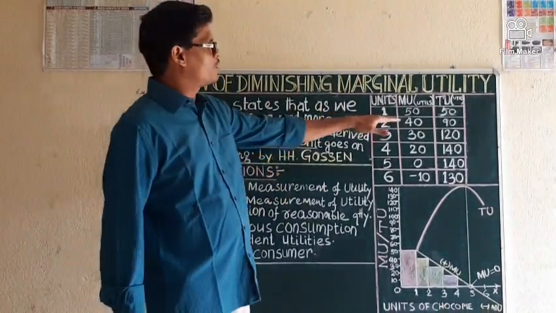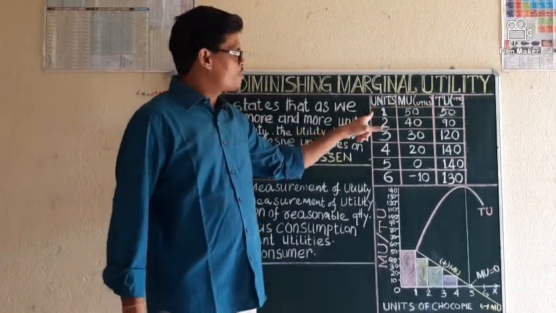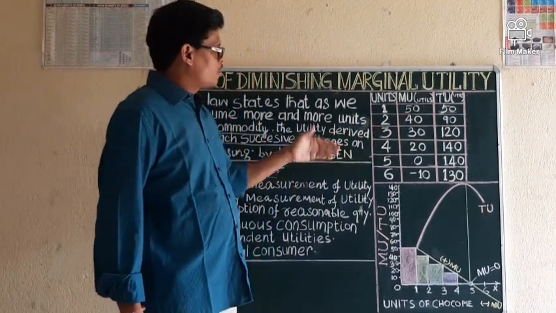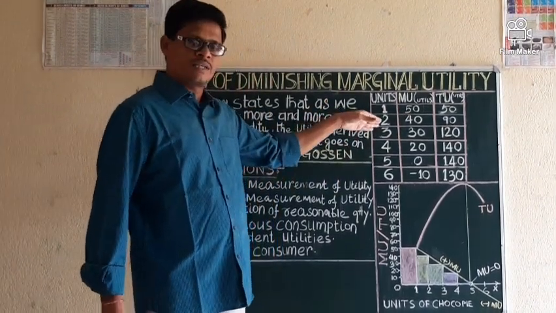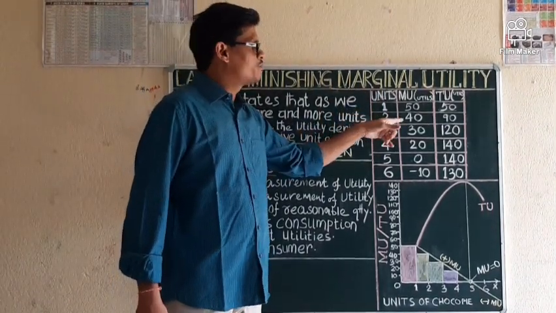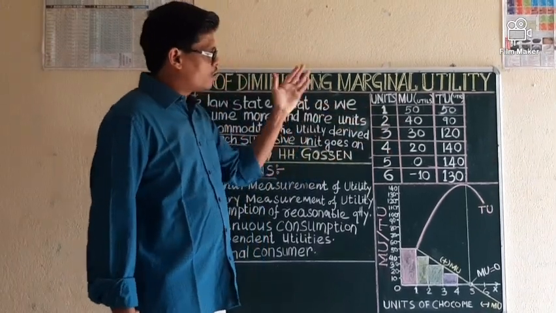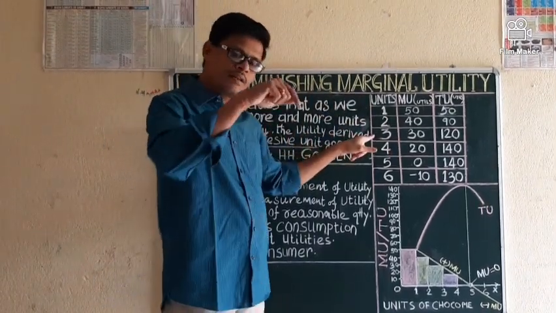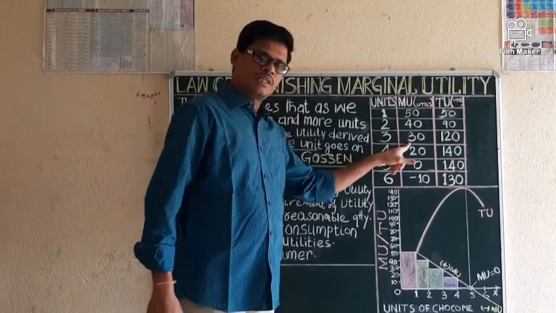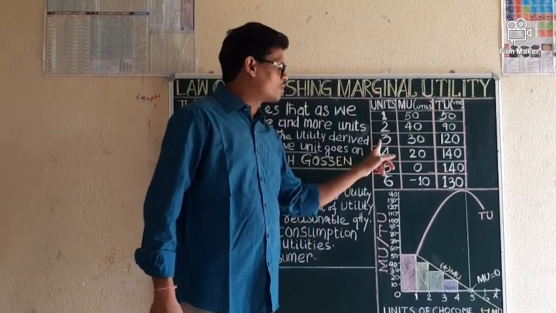So I have started with 50 utils, that upon consuming the first unit of Lotto Choco Pie, I am receiving 50 utils of satisfaction. And when I am consuming my second unit, I am receiving less than the earlier one, now it is 40 utils. And when I am consuming the third unit, I am again receiving less, that is 30 utils.